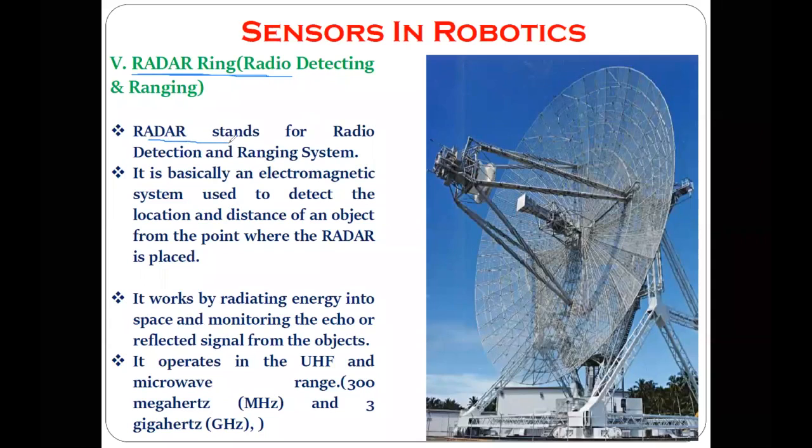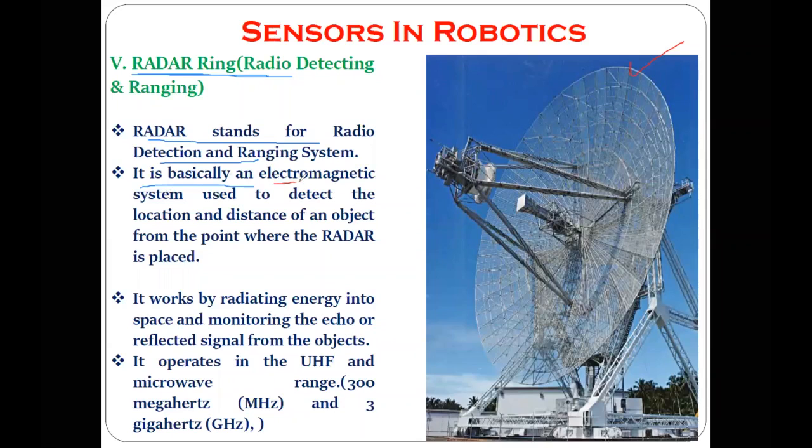So radar stands for the radio detecting and ranging system. As compared with the sonar system, the radar system utilizes radio waves, whereas the sonar system utilizes acoustic waves or sound waves. Okay, so here I have shown you the radar system also for your understanding purpose.